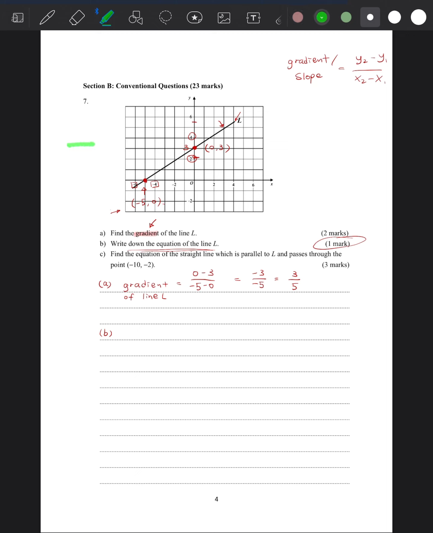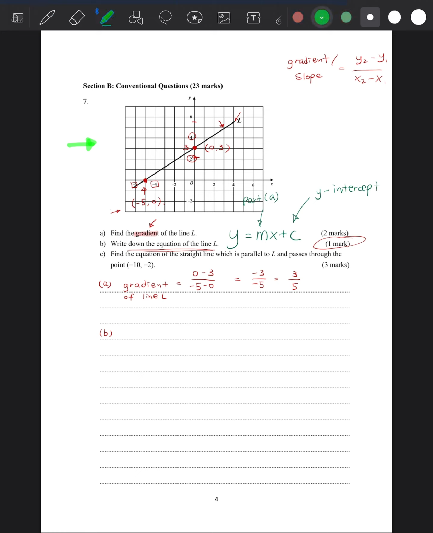It gives you the grid, the graph, it draws out already, and the equation. You know, when they ask for equation, they are looking for y equals mx plus c. And in this case here, you have your gradient from part A, and your c will just be your y-intercept.